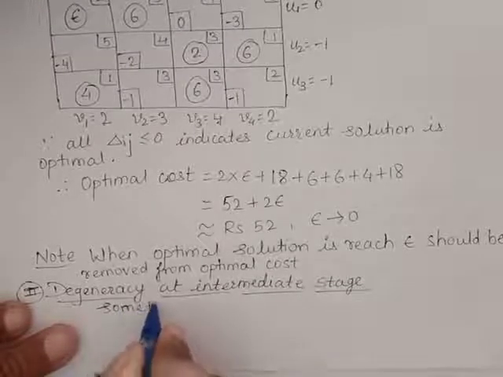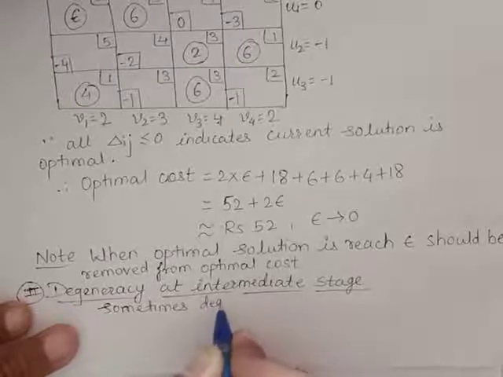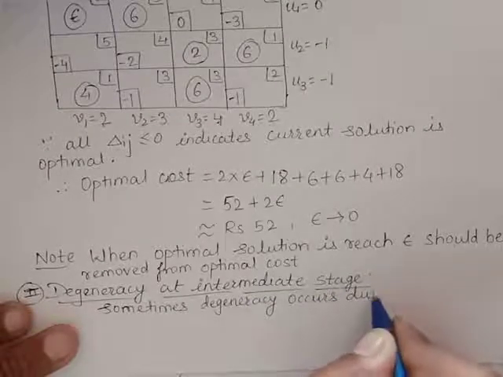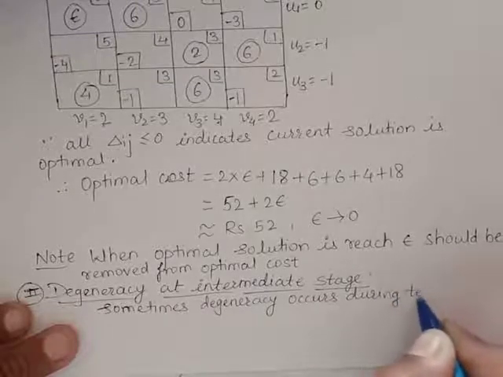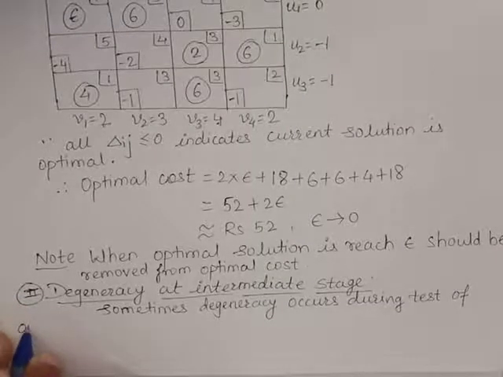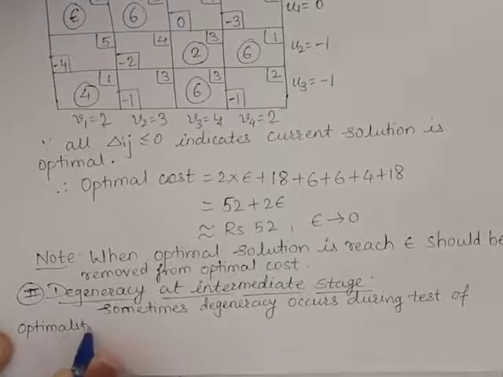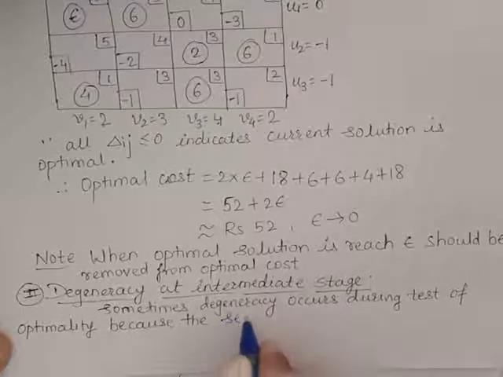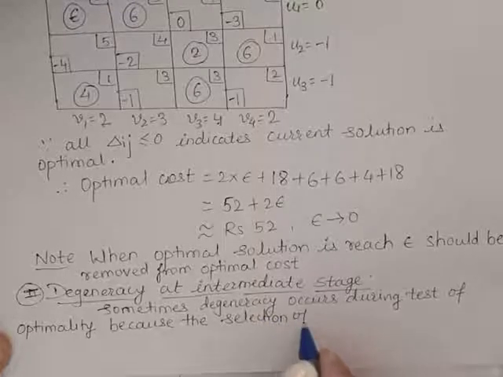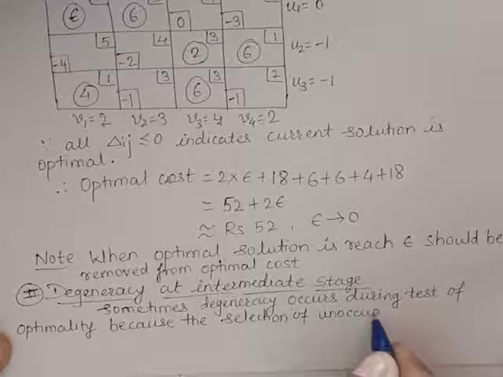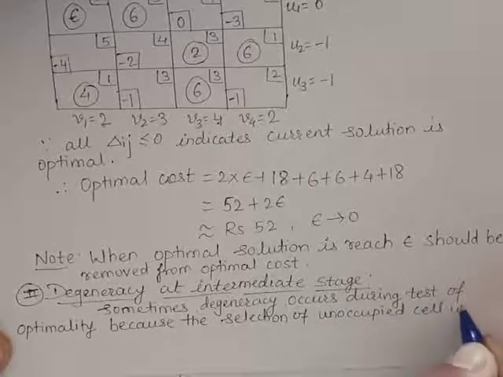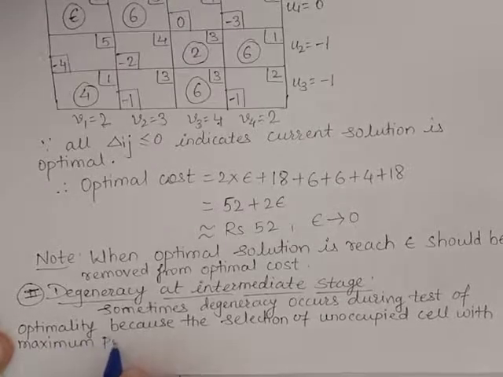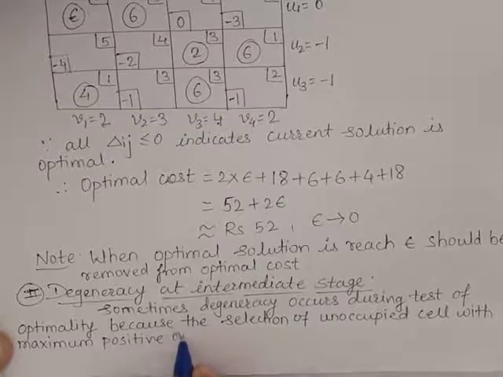Sometimes degeneracy occurs during the test of optimality because of the selection of an unoccupied cell with maximum positive opportunity cost.